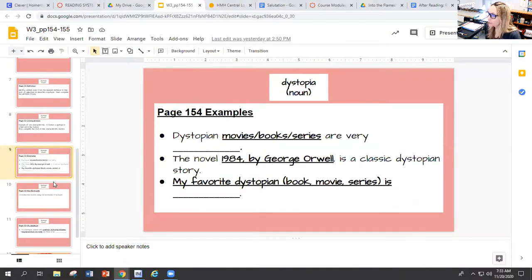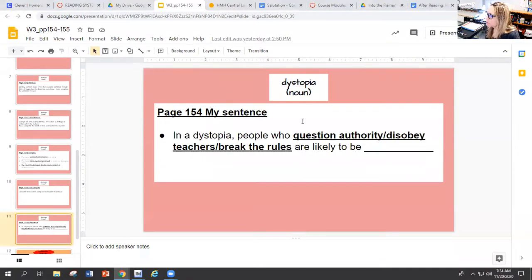Dystopian movies, books, series are very blank. Your blank can be a synonym, a context clue from the first sentence given to you. That's where I helped you out with the novel there for the examples, and non-examples, I helped you out a little bit there.